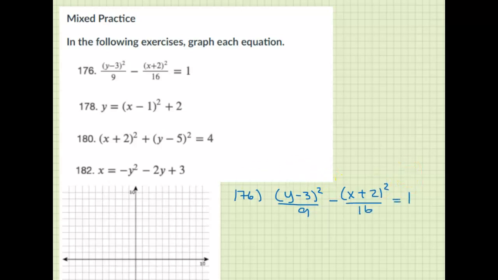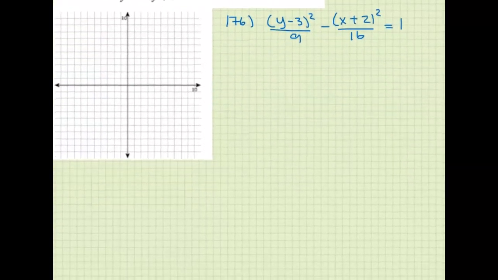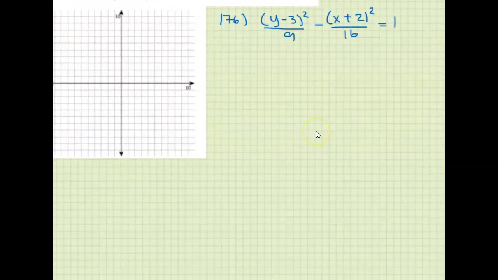All right, so first you have to figure out which conic section it is. We notice I have y squared, I have x squared, and a minus in between, so it's a hyperbola. It starts with a y squared, which means it goes up and down.